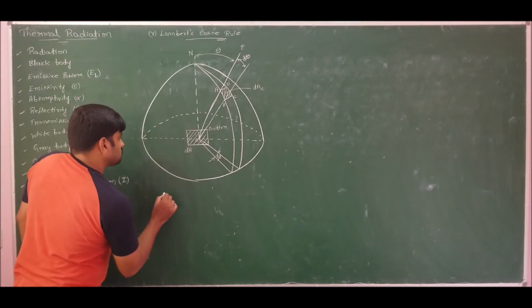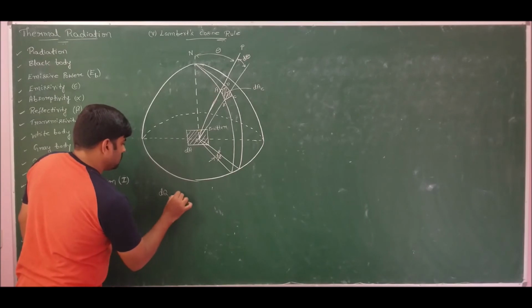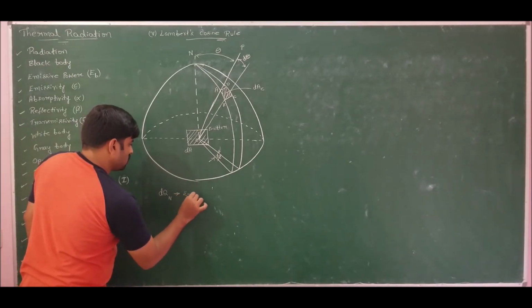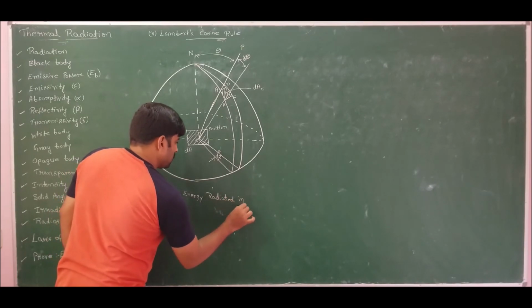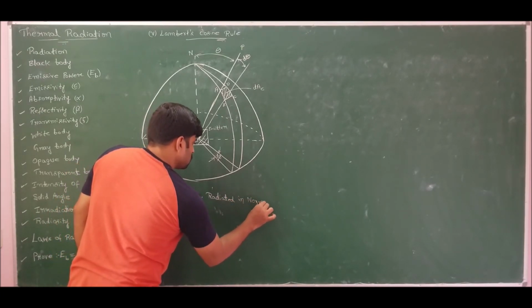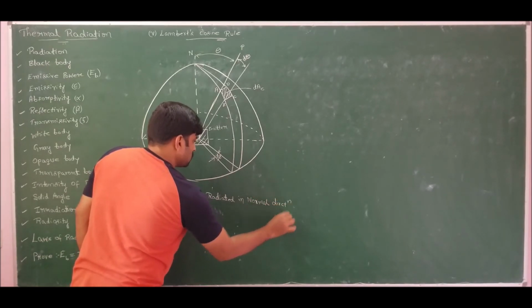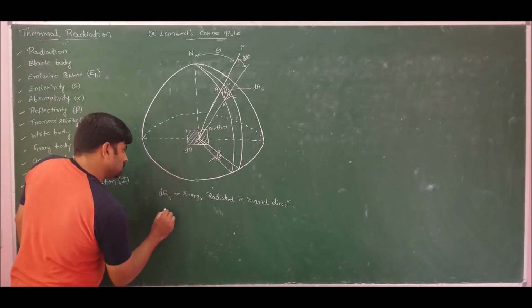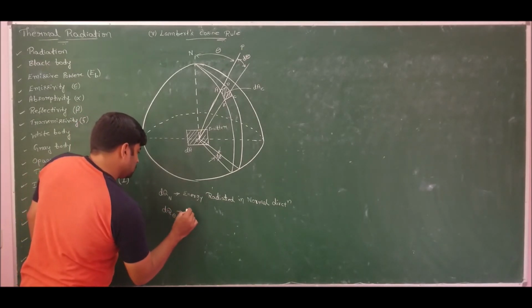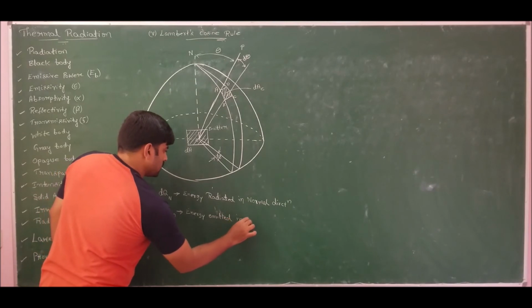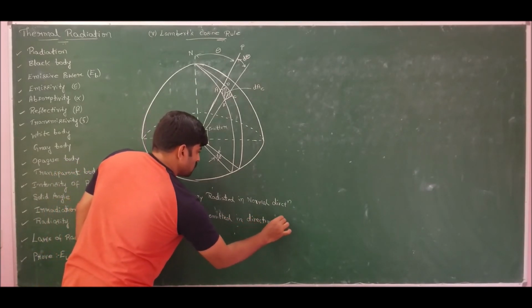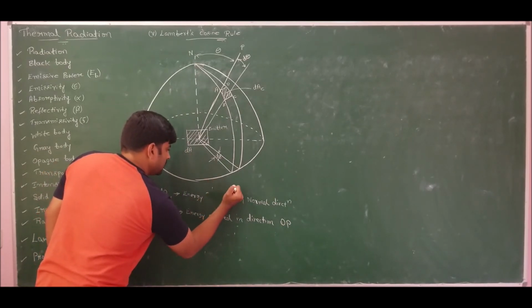Let dq theta be the energy emitted in direction OP, and dqN the energy emitted in the normal direction.